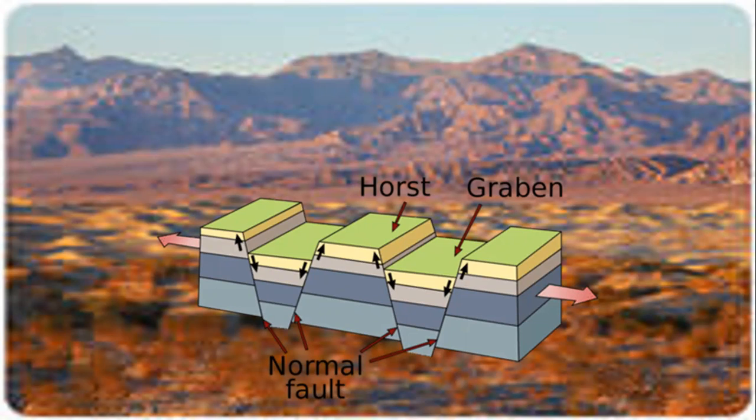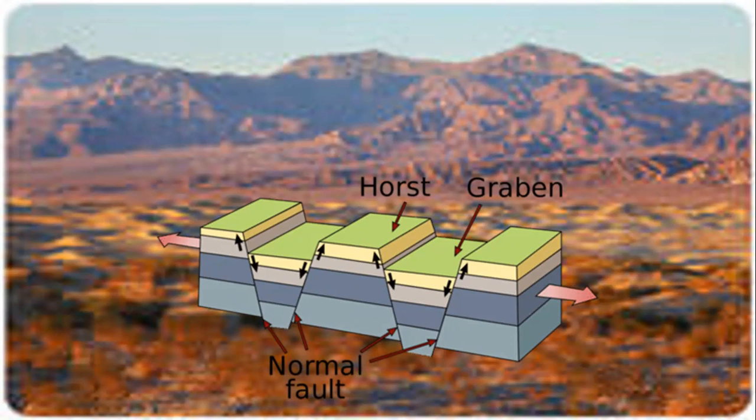The area near Death Valley, California, is the center of a classic basin and range province. The photograph in the background here was taken of a basin with a range in the distance near Death Valley, California. We see the same block faulting in Nevada and Utah as well.